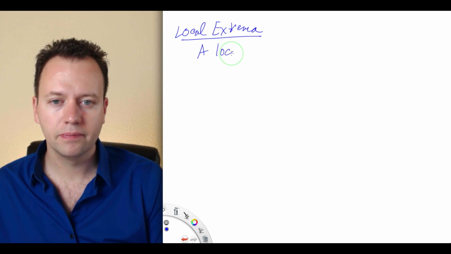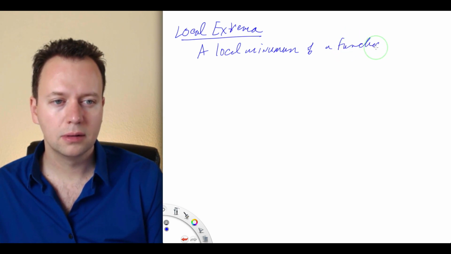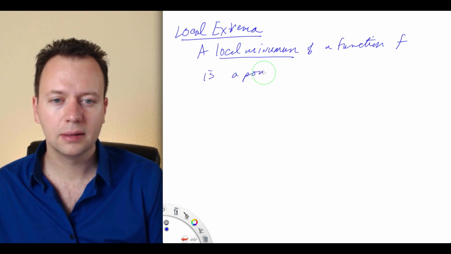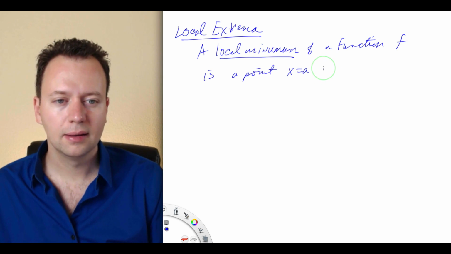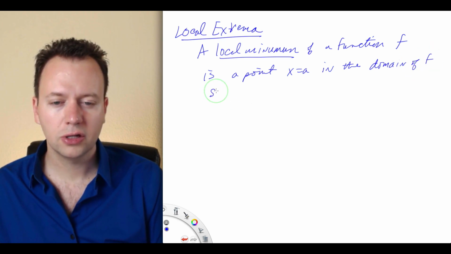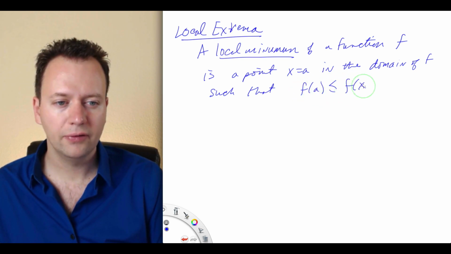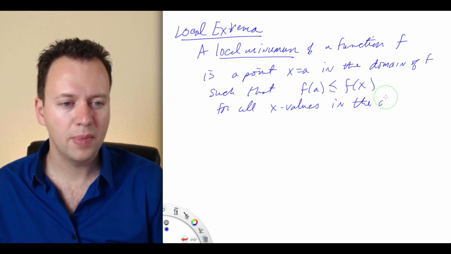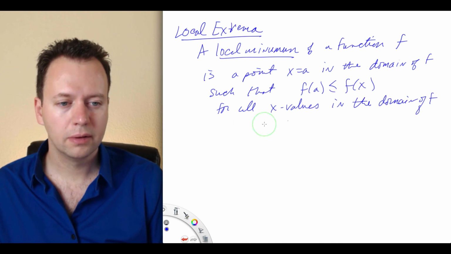So a local minimum of a function f, so we're defining local minimum, is a point x equal to a in the domain of f such that f of a is less than or equal to f of x for all x values in the domain of f that are sufficiently close by.